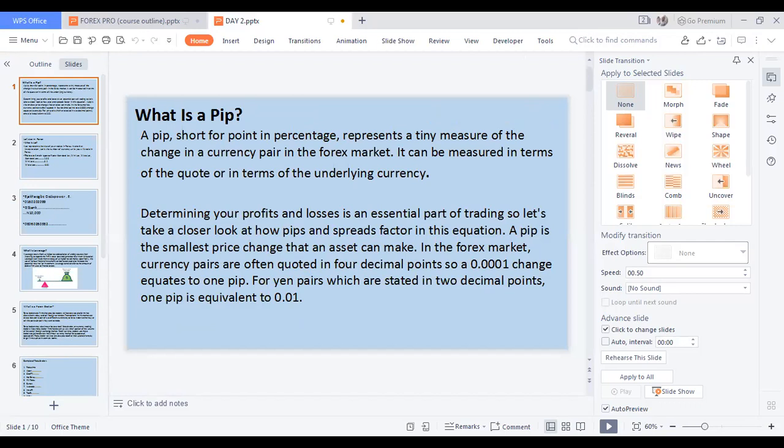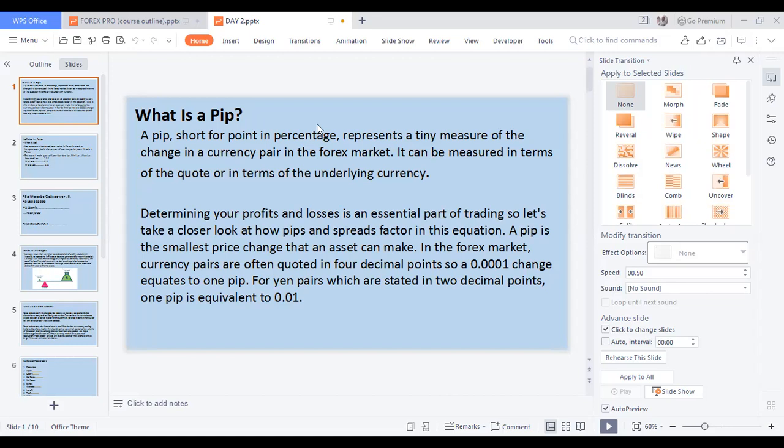Determining your profit and losses is an essential part of trading. So let's take a closer look at how pips factor in this equation. Class, what exactly is a pip?